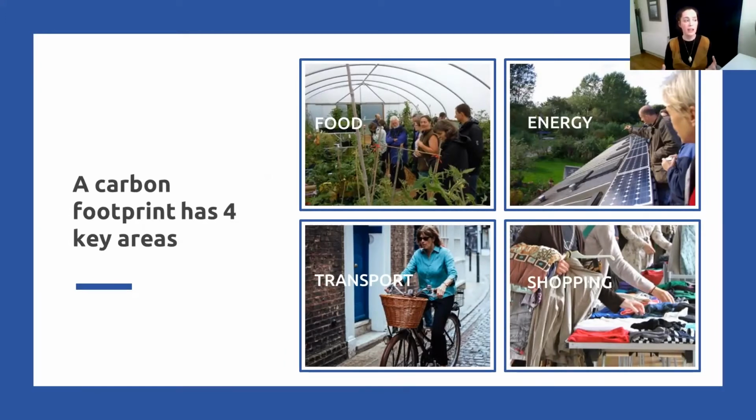So we can understand where our emissions are most coming from, whether we have a really high footprint because we, for example, eat lots of red meat and cheese, or maybe we have a really high carbon footprint because our transport emissions are really high, perhaps because we fly a lot. So by calculating our carbon footprint, we get a framework for analysing where our own personal emissions are coming from and what we can do about it. It gives us a baseline on which to measure our change as well.